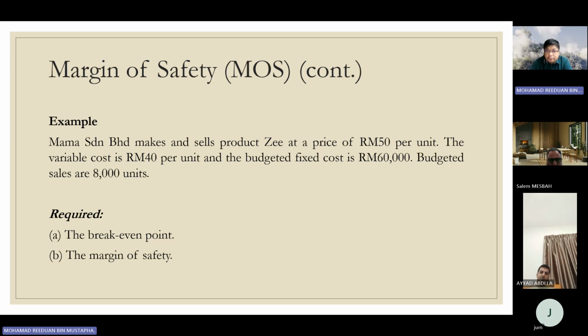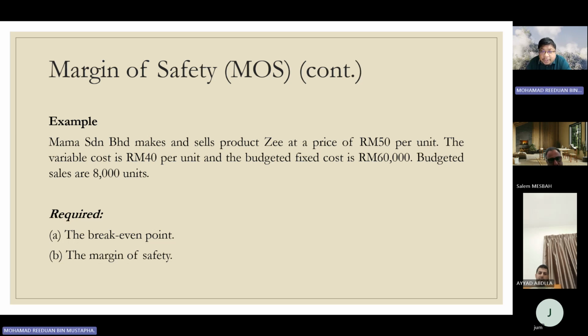And then what about the margin of safety? Because now you already have the break-even in terms of units. So how to solve this? Margin of safety is budget sales minus break-even sales, divided by budget sales.